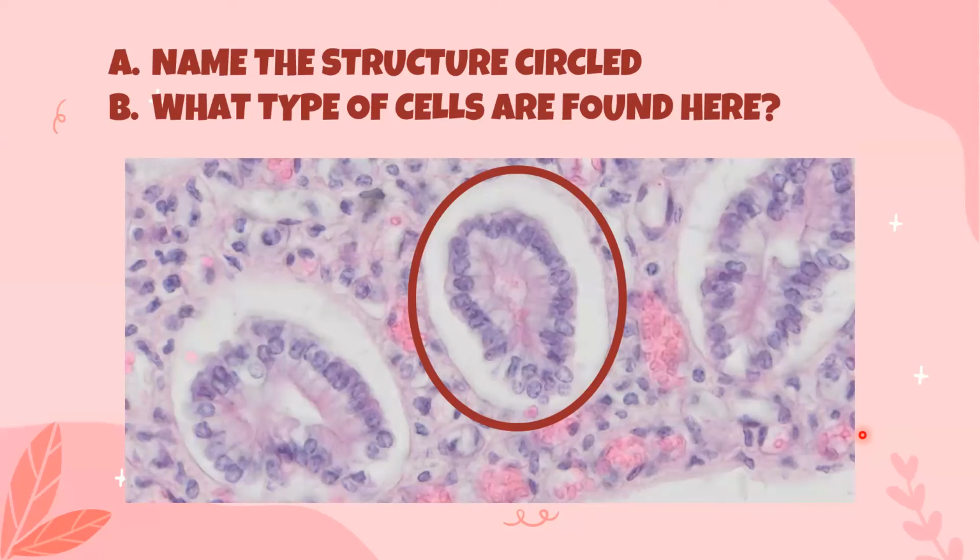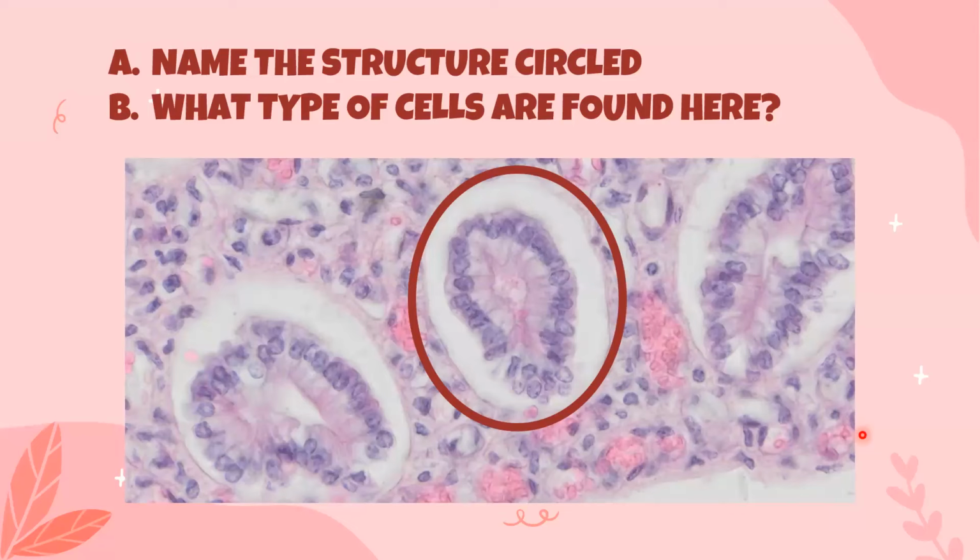Papillary collecting duct. Perfect. And what type of cells would I typically find here? Let's first start with the actual simple columnar with short microvilli. That is absolutely perfect.